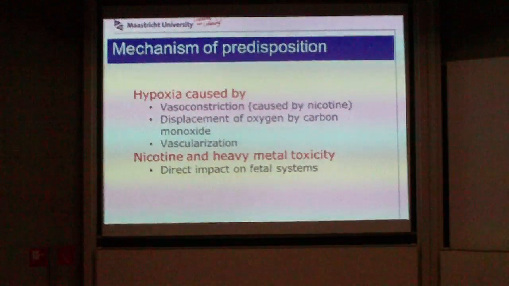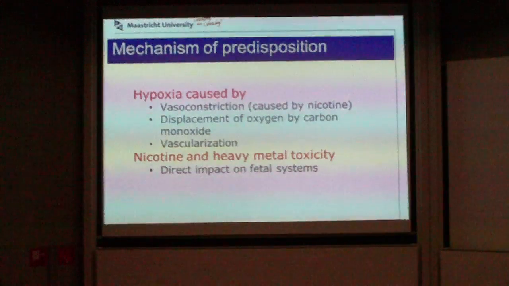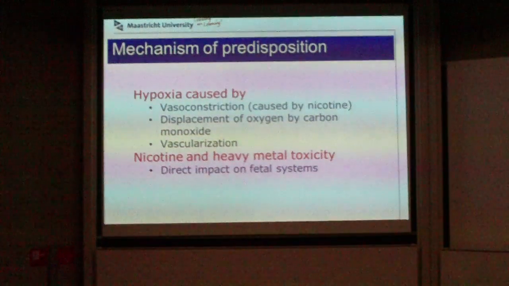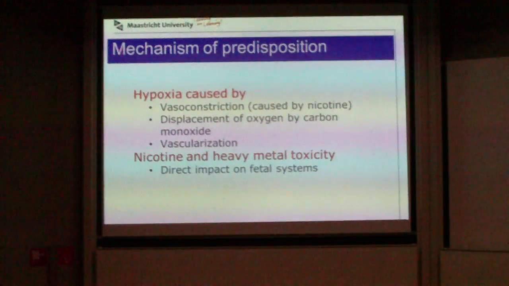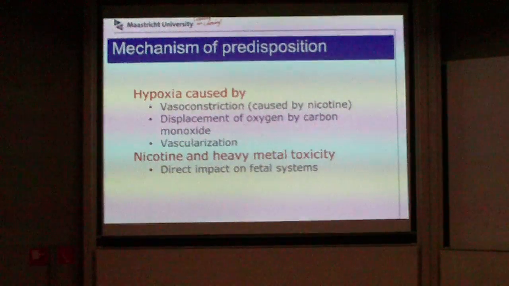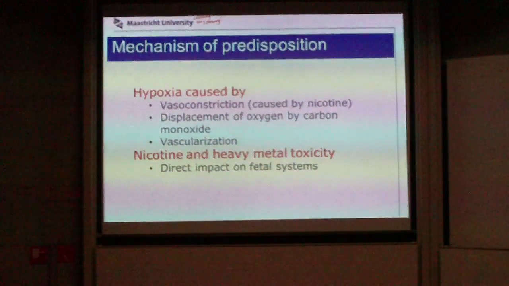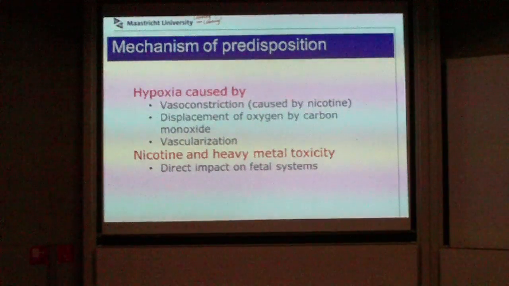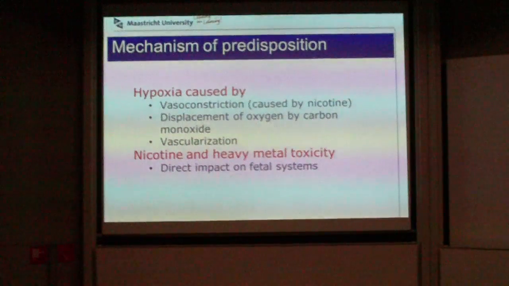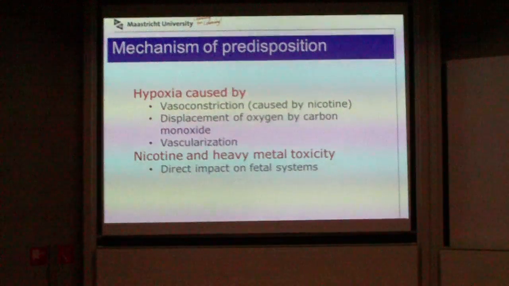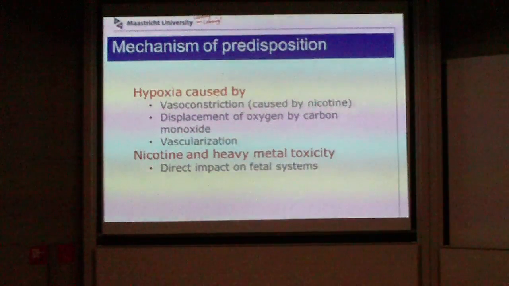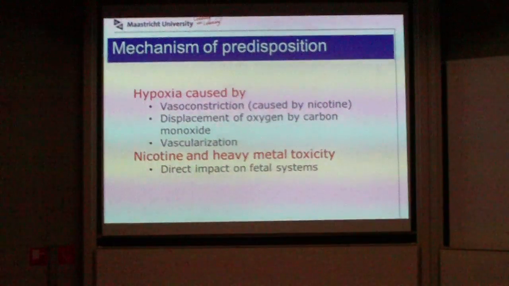Now how can that happen? There are different ways. It can be caused by nicotine, which is a constrictive compound, so the blood supply to the child under development can have impaired oxygen or nutrient supply.